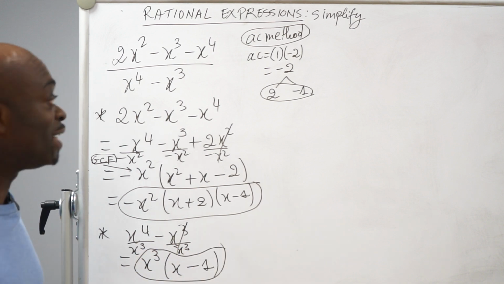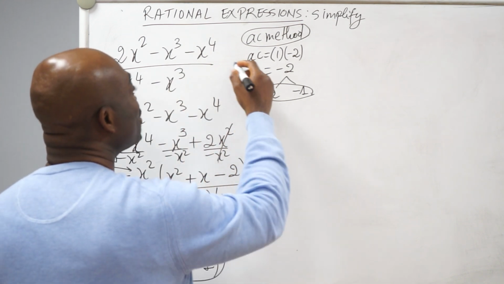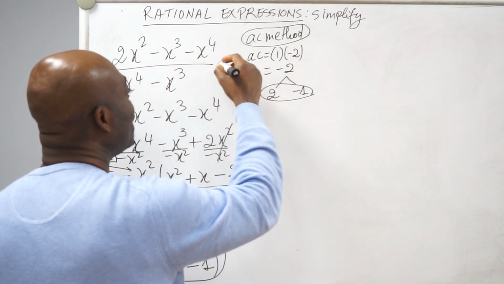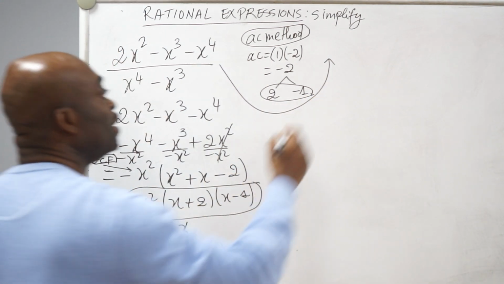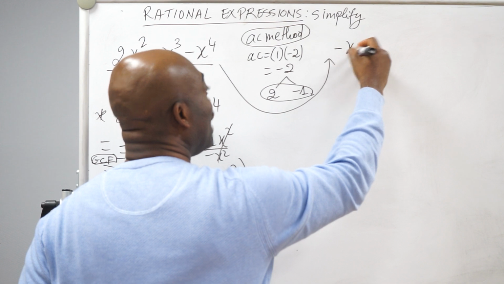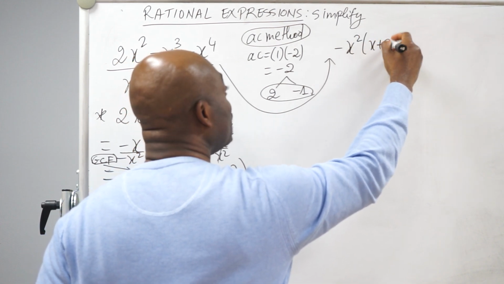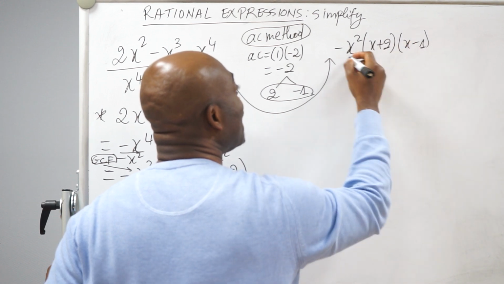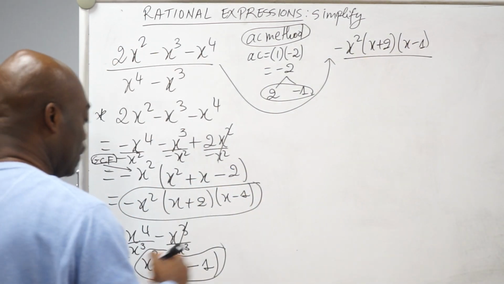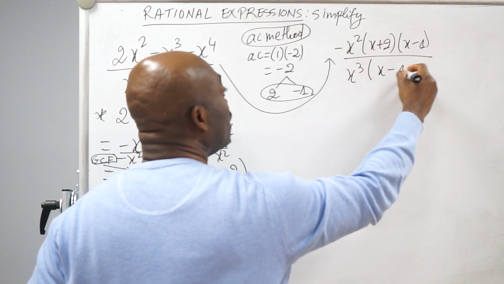But we're not done yet, because we still have to finish this problem. So let's go at it. What we have is negative x to the second times x plus 2 times x minus 1, all over x to the third times x minus 1.